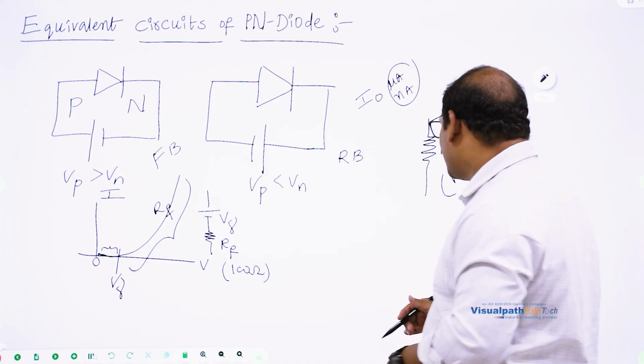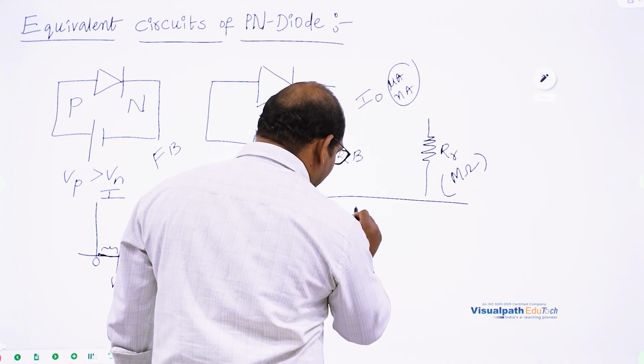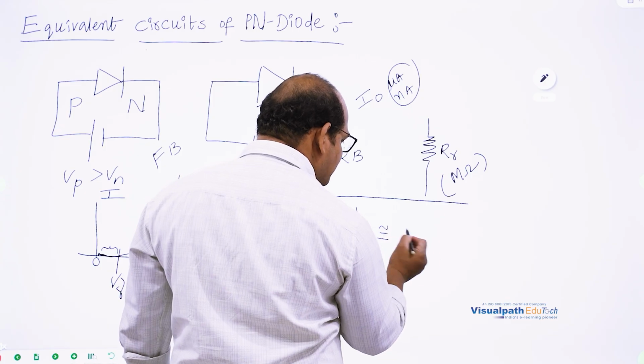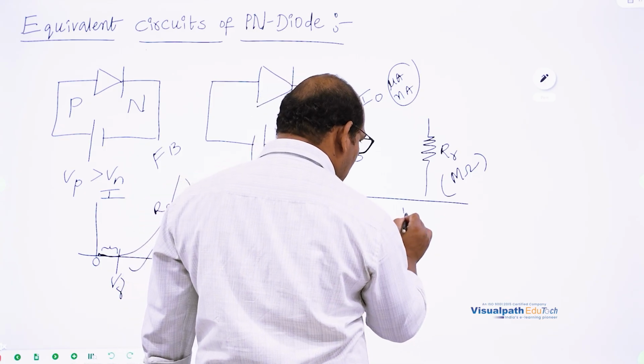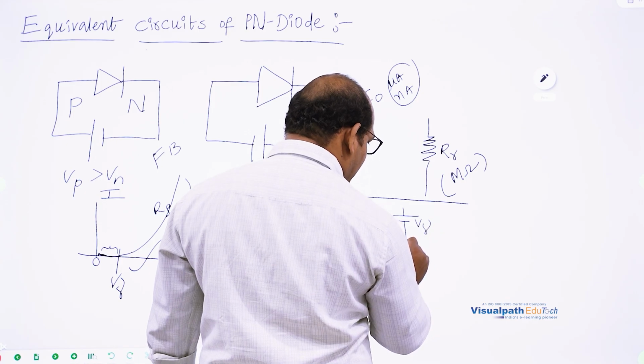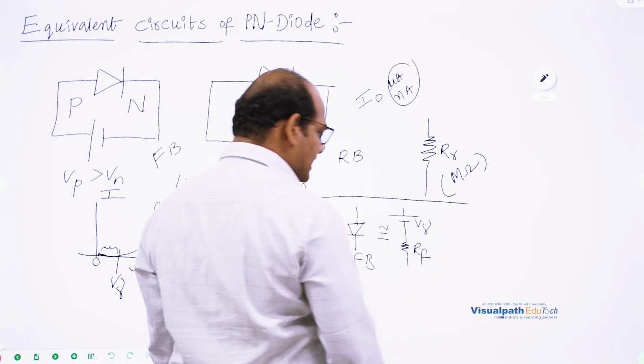So here is the summary. When you have the PN junction diode in forward bias, it is equivalent to the circuit of series connection of V gamma and one small resistor RF, like this we get.